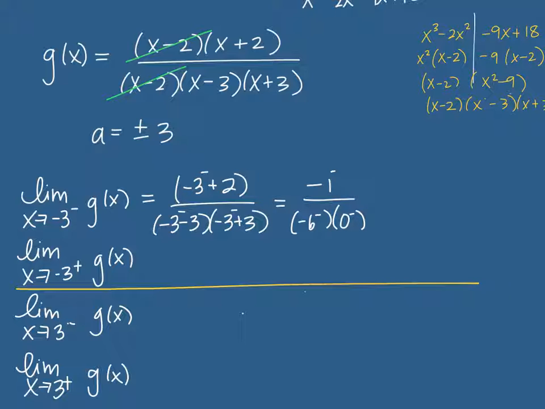Be careful about your signs. The top is a negative number. What's the bottom? I have negative 6, which is a negative number. I have 0 minus, which is another negative number.